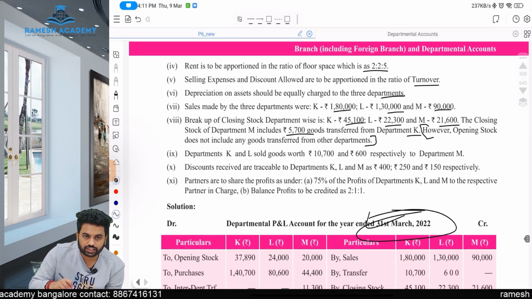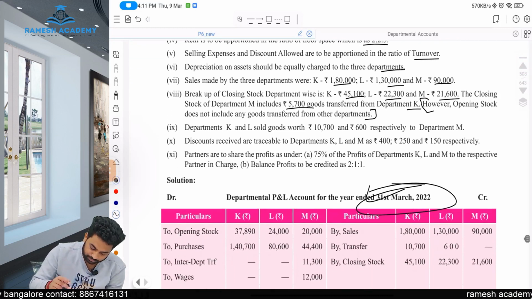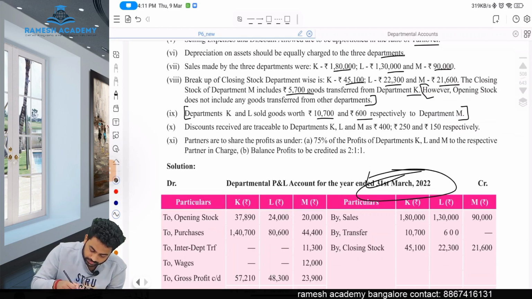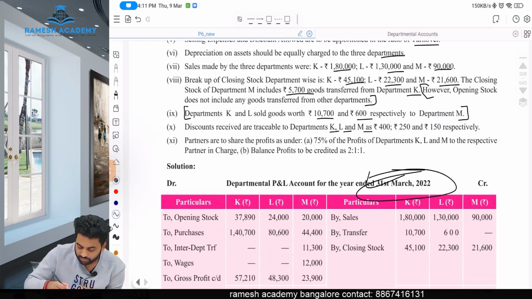There is no need to credit the stock reserve. Department K and L sold goods worth rupees 10,700 and 600 respectively to Department M. Discount received are traceable to Departments K, L, M as 400, 250, 150 respectively.